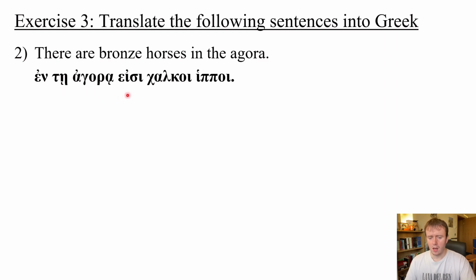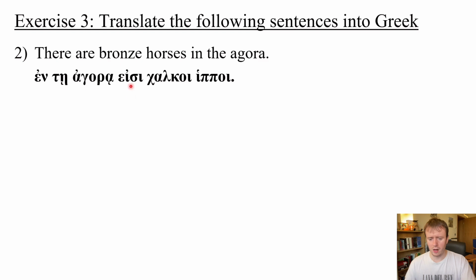If you want to say there are, you need to say they are, but you need to put it at the start of the clause or sentence. So that's why I've put it first after the prepositional phrase, but you could have put it right at the start of the sentence and the prepositional phrase at the end. Either would be fine. I would ideally put it before chalkoi hippoi just to show its meaning there are rather than they are.